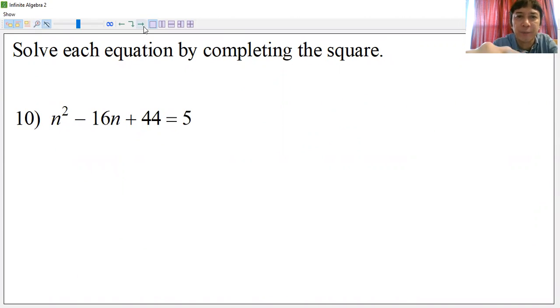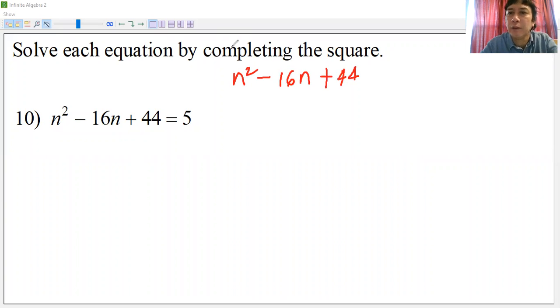Okay, here's number 10. Number 10, n squared minus 16n plus 44 equals 5. We're going to concentrate on the first two terms, n squared minus 16n.